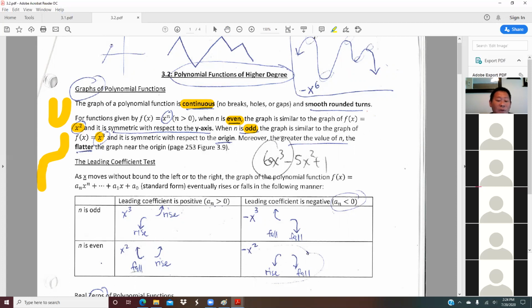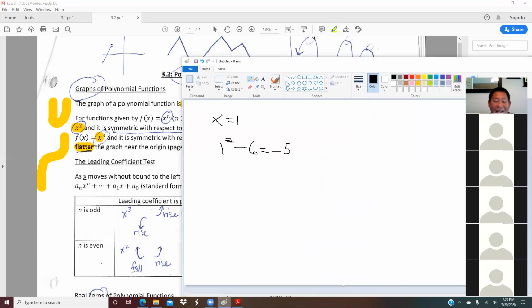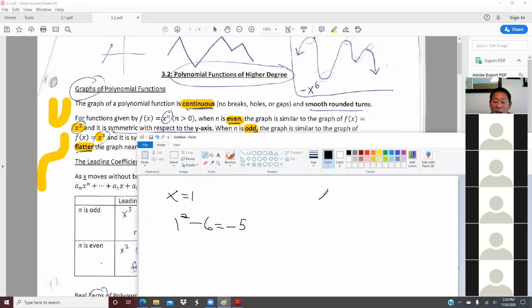What happens if you increase your power? Then you become flatter. So what do I mean by that? You become flatter. Okay. So let's say you have an x squared. We know this is a parabola. What happens if you want to draw x to the 4?